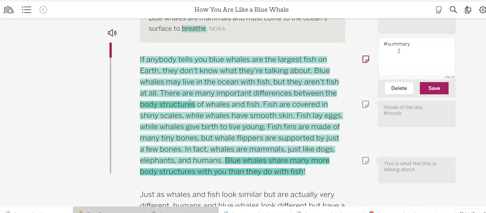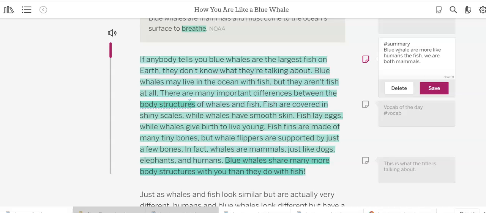So in this summary, I'm going to put blue whales are more like humans than fish. We are both mammals, and we are both mammals, period.